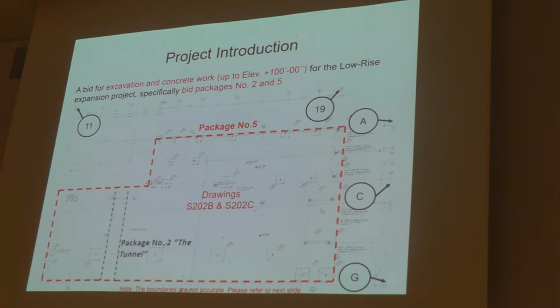Okay. And package number 2 is the tunnel. As you can see here, around line 11, we have a tunnel. The tunnel starts from line G to line C. Any questions? Can I go to the next page?